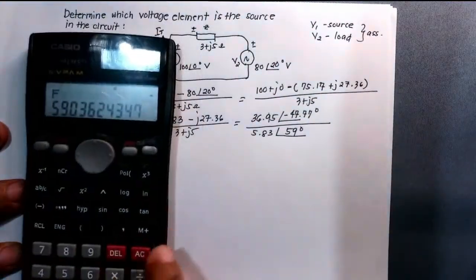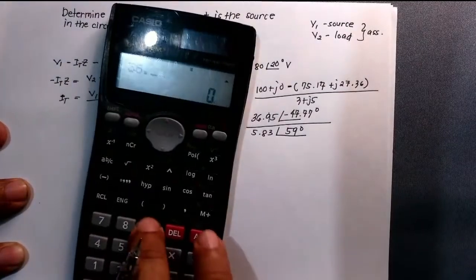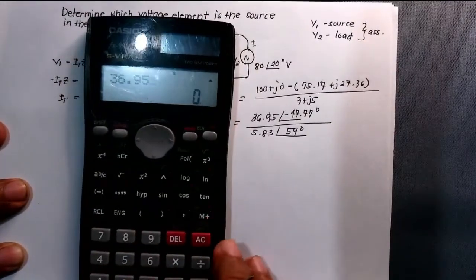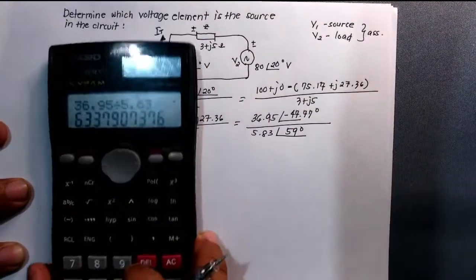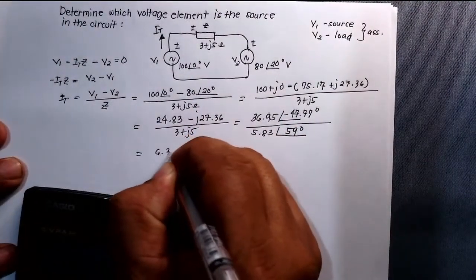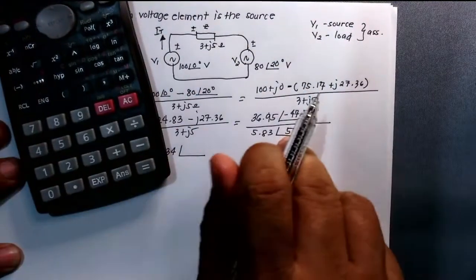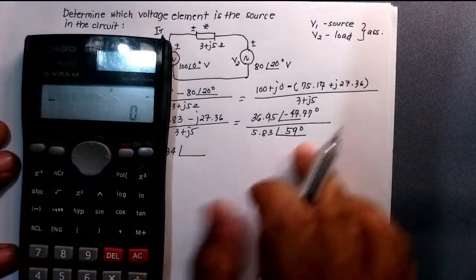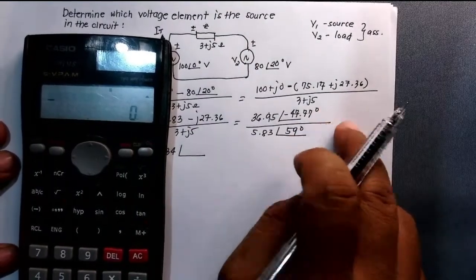36.95 divided by 5.83, and it will give me 6.337, or 6.34 cis of, but since this is positive 59 degrees in the denominator, when I place that in the numerator, it will become negative.